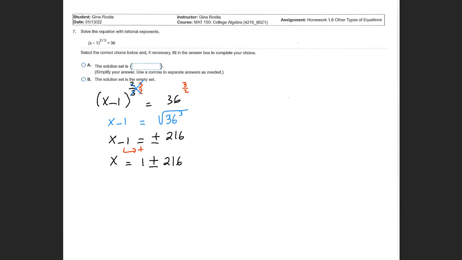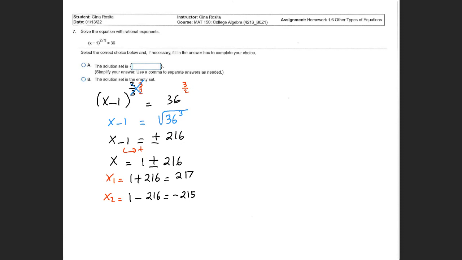Now there are two answers, so you have to be careful. For x1, take the positive one: 1 plus 216 is 217. Now take the negative one: x2 is 1 minus 216, which is negative 215.